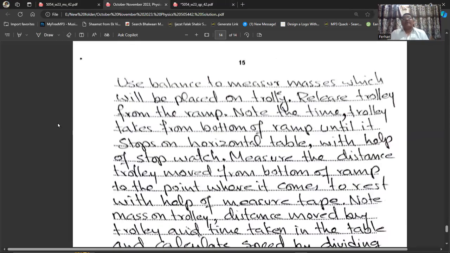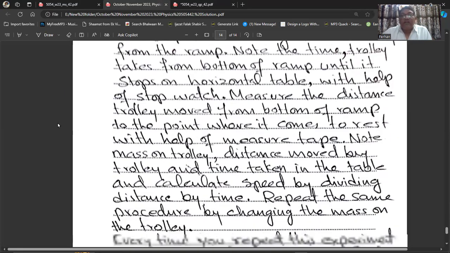Use a balance to measure masses which will be placed on the trolley. Release the trolley from the ramp. Note the time the trolley takes from the bottom of the ramp until it stops on the horizontal table with the help of a stopwatch. Measure the distance the trolley moved from the bottom of the ramp to the point where it comes to rest with the help of a measuring tape.